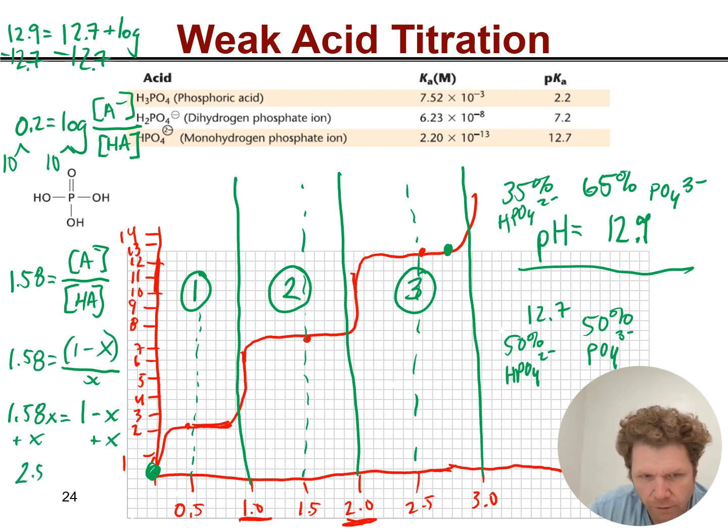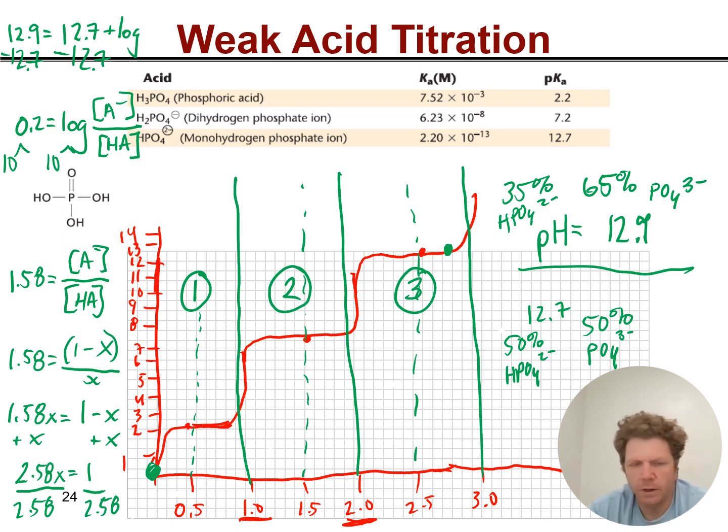That will give me 2.58 X equals 1. I'll divide each side by 2.58, and that's whenever I'll arrive at approximately 0.39, I think is what I got. So X equals 0.39.